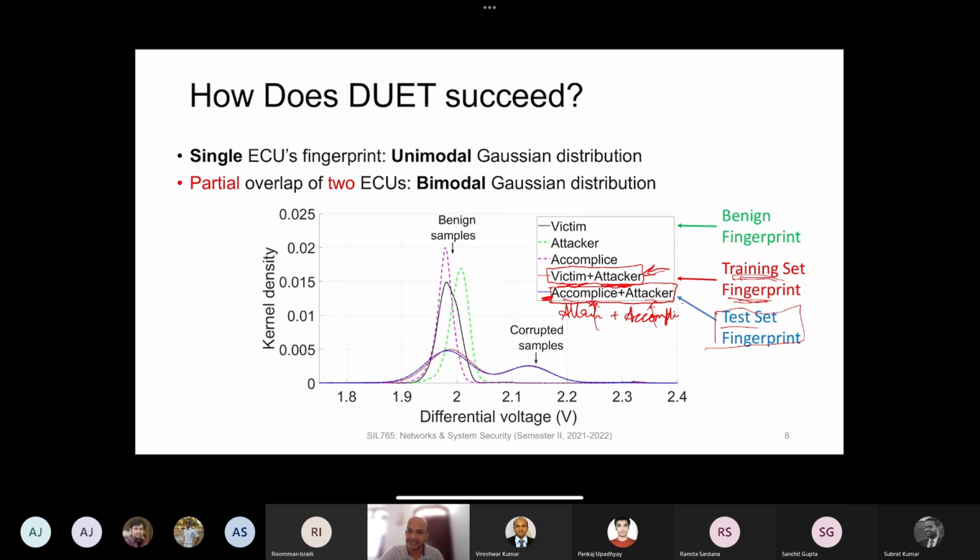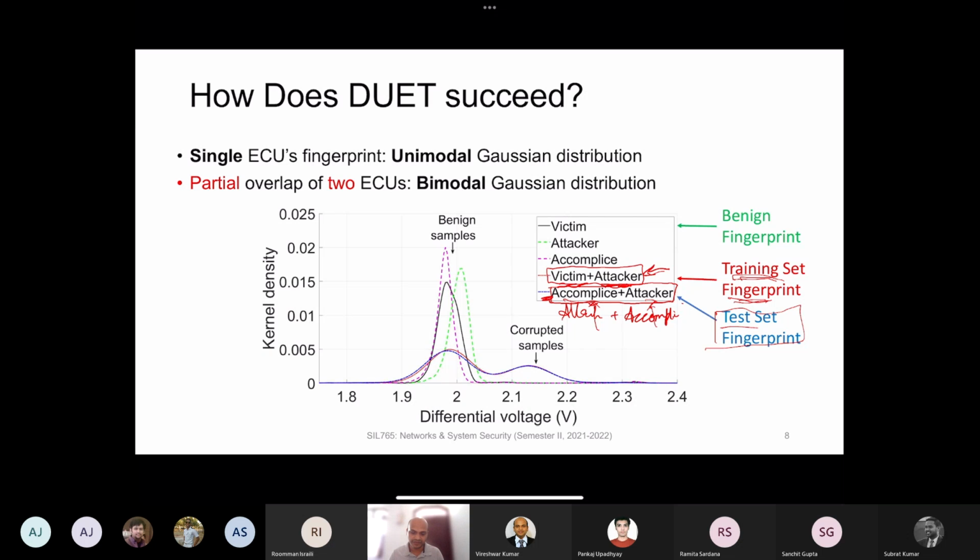If during the training phase the attacker is the one which added its voltage samples to the victim's sample, then during the test phase it should again be the attacker which adds its voltage samples while the accomplice is transmitting. Only then is it possible to bypass the intrusion detection system. Otherwise, this will not work. We tested it, and it did not work in that way. Okay, good.